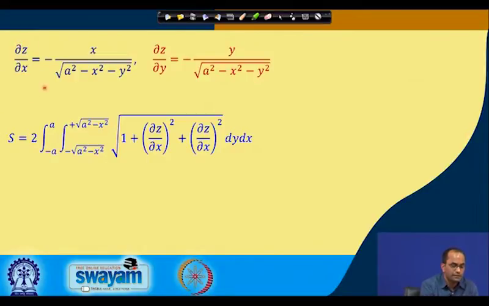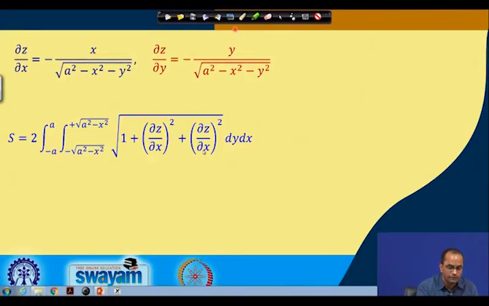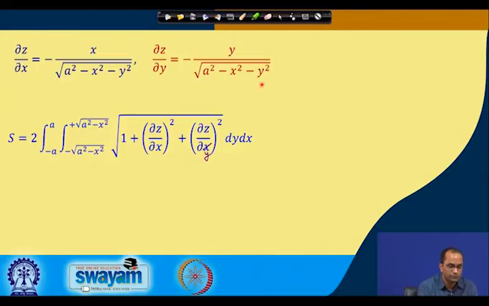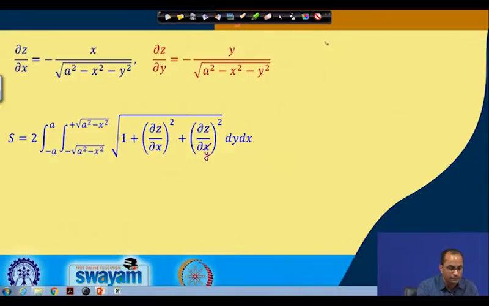The partial derivative with respect to x is given by this, partial derivative of z with respect to y is given by this, and that was the formula. Here this was with respect to y. So, if we substitute this now, so these are the whole square of these terms, what we will get? We will get simply 1 plus this x square over a square minus x square minus y square, and then here also we will get y square over a square minus x square minus y square.